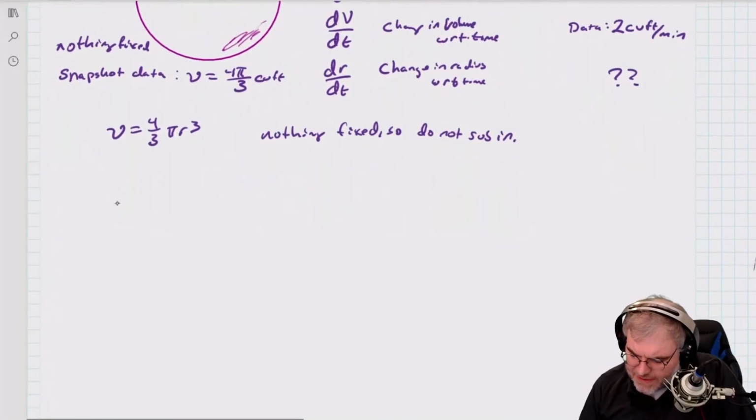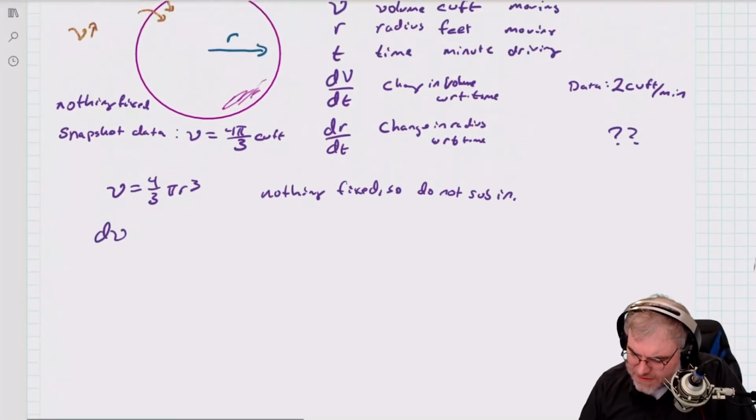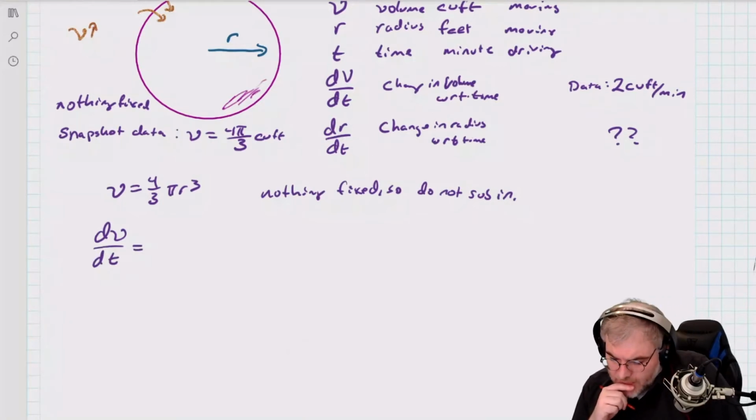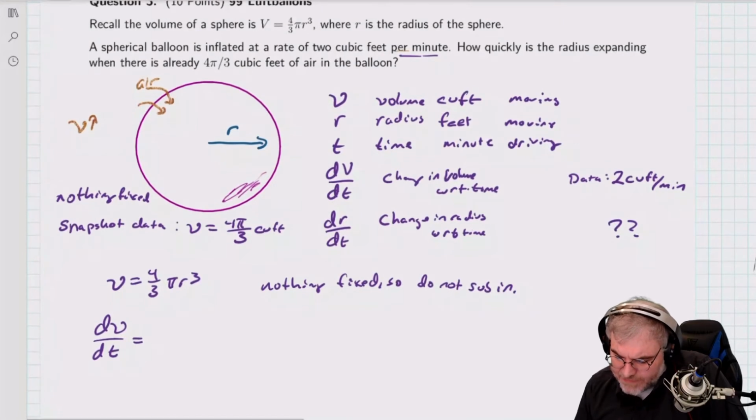And then I'm going to take the derivative with respect to time because time's the thing driving this system. 4 pi over 3 cubic feet is snapshot data. At a particular point in time, this right here is snapshot data.